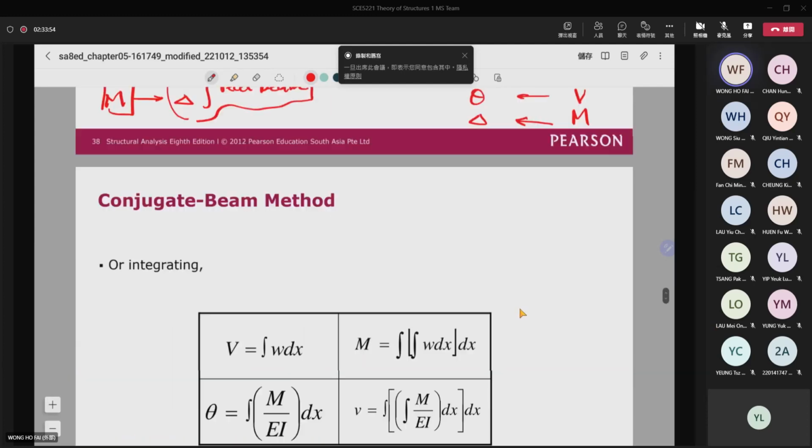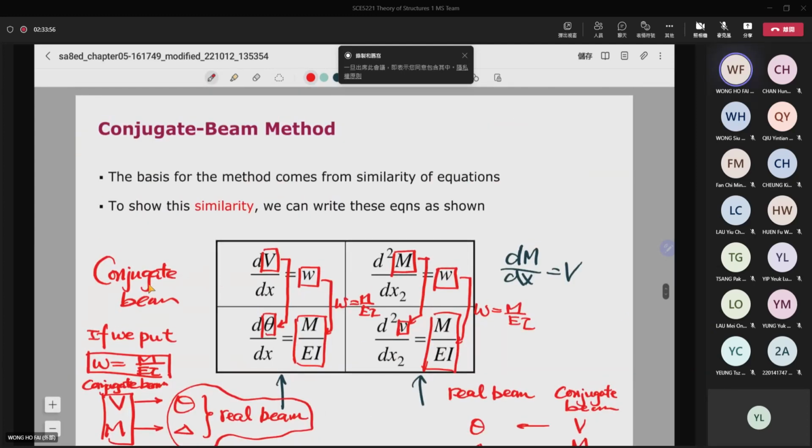As I mentioned, when W is equal to M over EI, the shear will be equal to the slope, and the moment will be equal to the deflection.